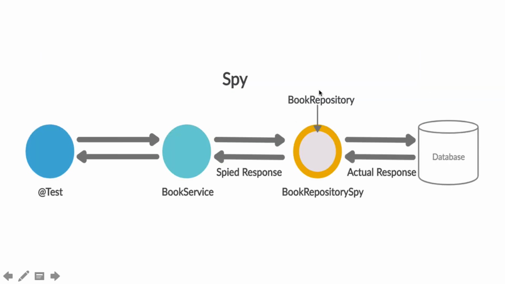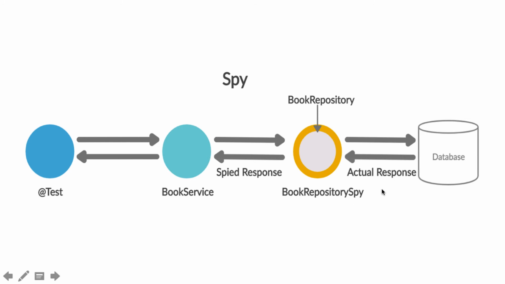For example, let's say I want to test the BookService class, which is dependent on BookRepository, which communicates with the database. And we have created a spy of BookRepository. When we call any method on the BookService from the test, the call goes to the BookRepository spy.